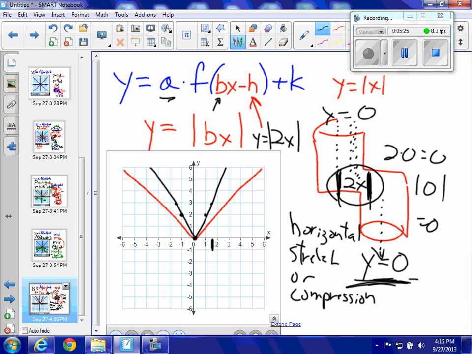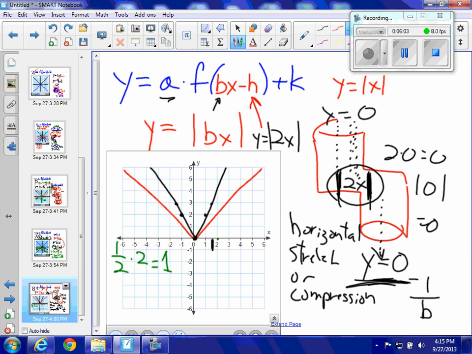And what's happening is that the x values of my parent function change. I keep the same y values, but for the same y values, my x values change by 1 over b. So you can see in this example, my x value was 2, my b was 2, so I took 1 over b, 1 half, times 2, and I got my new x value of 1.